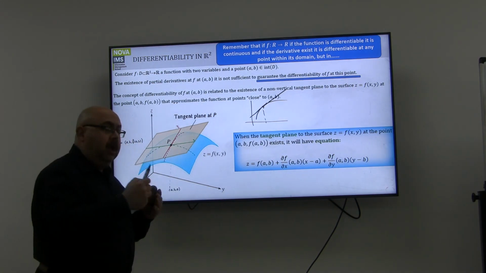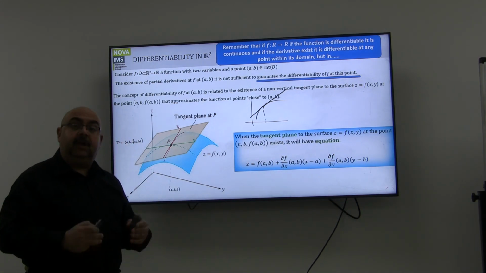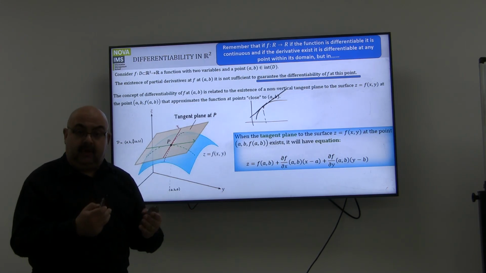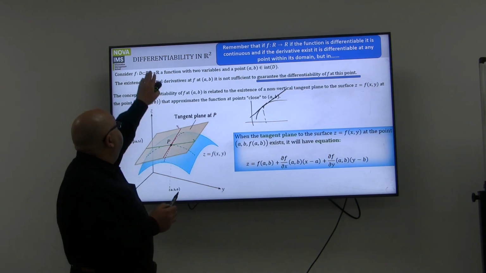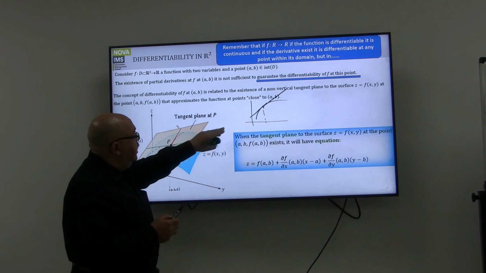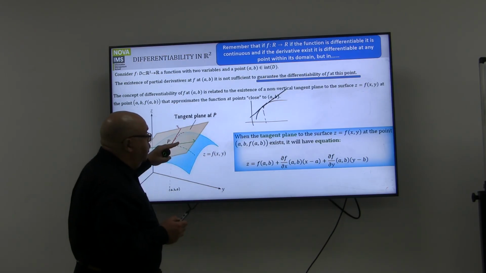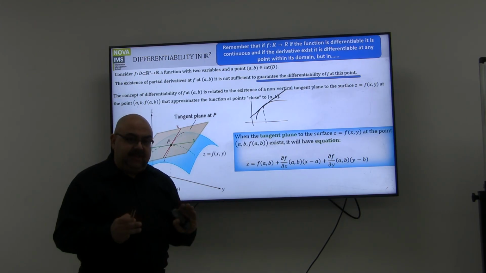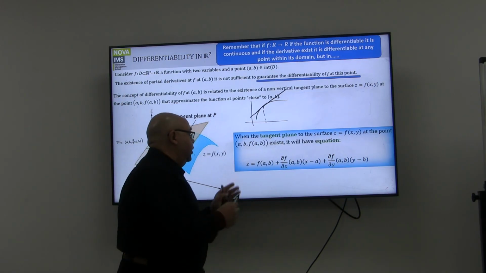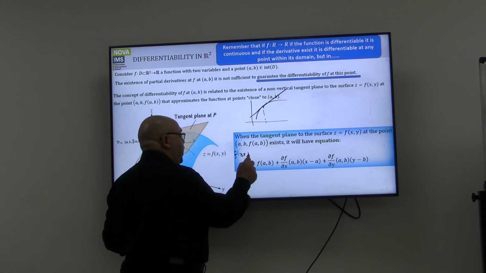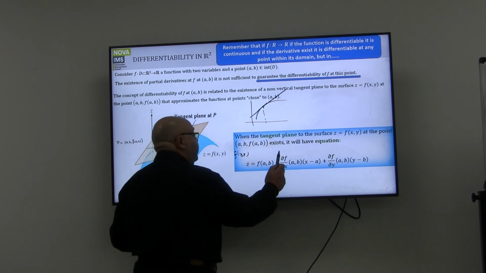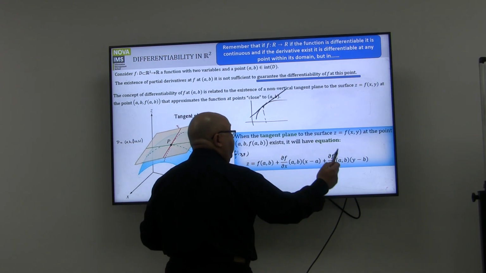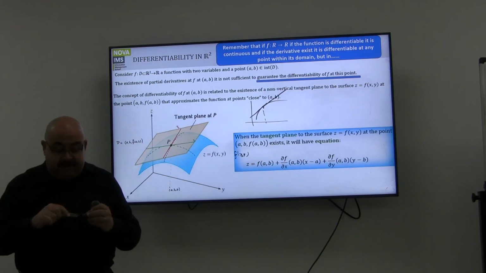If we move to two dimensions, as a simplification to functions in several variables, the first of them is for R2 into R, and in this case, instead of having a straight line as a tangent, we will have a plane as a tangent for your function. But still, the main equation is the same. So, for a function f of x and y, it's equal to f at a and b, plus the first derivative times the vector x minus a, plus a remainder term, as you will see in the coming slide directly.